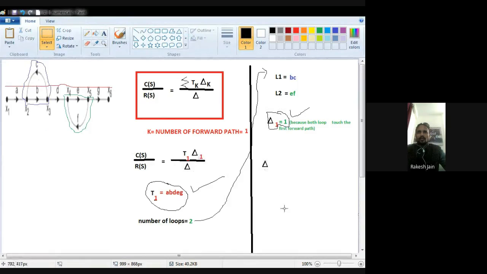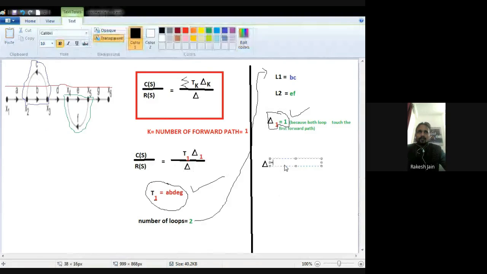So I know del is equal to 1 minus the sum of all the individual loop gains.